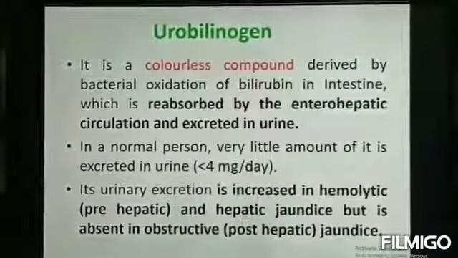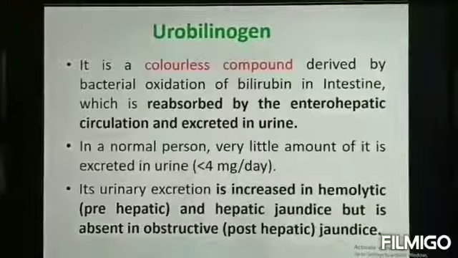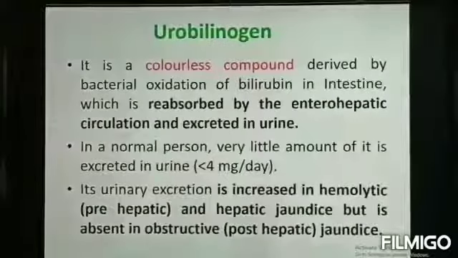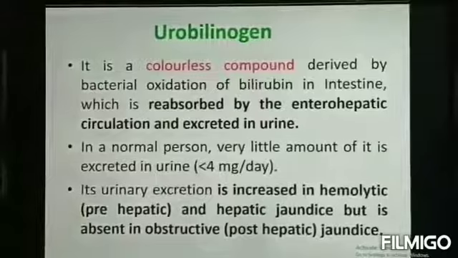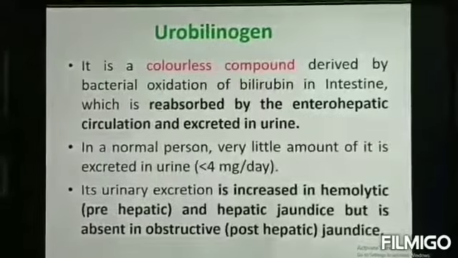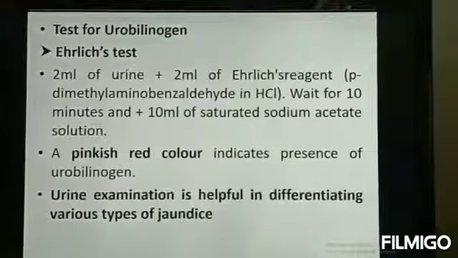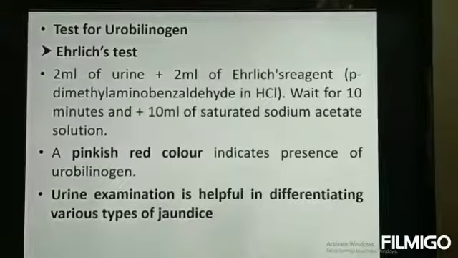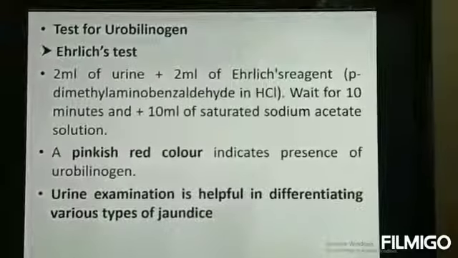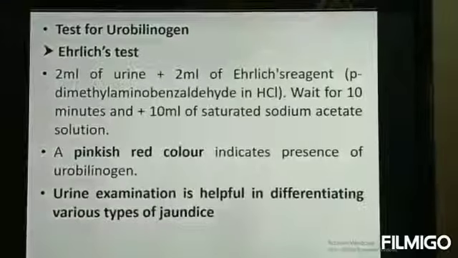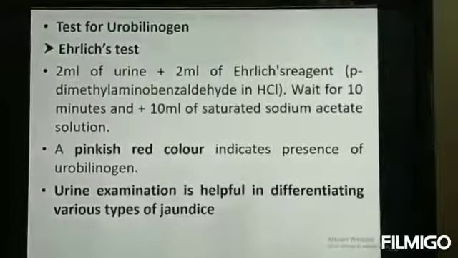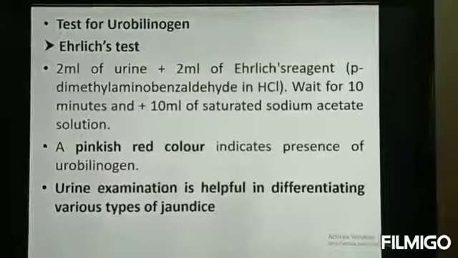Its urinary excretion is increased in hemolytic and hepatic jaundice, but it is completely absent in obstructive jaundice. The test for urobilinogen is the Ehrlich test. A pinkish red color indicates the presence of urobilinogen, and this examination is useful for differentiating various types of jaundice.